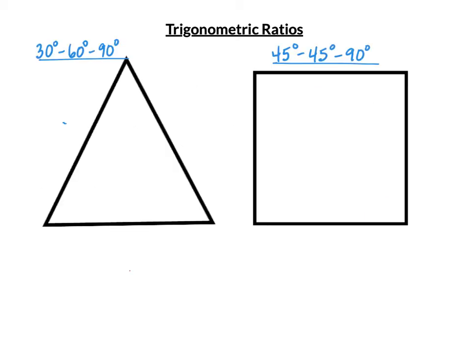The last thing we need to talk about in the teaching part of the video is a quick review of the 30-60-90 triangle and the 45-45-90 triangle. Remember, the 30-60-90 triangle came from an equilateral triangle. All sides were equal here. What I'm going to do is drop a height.